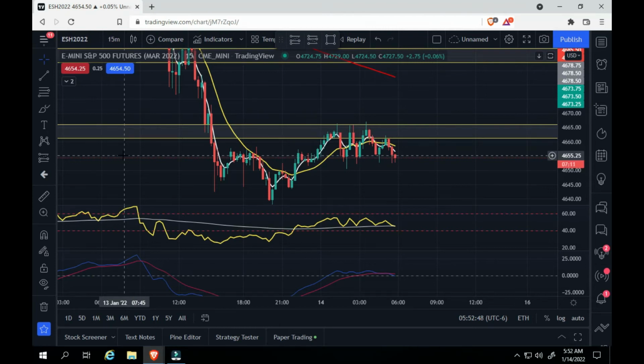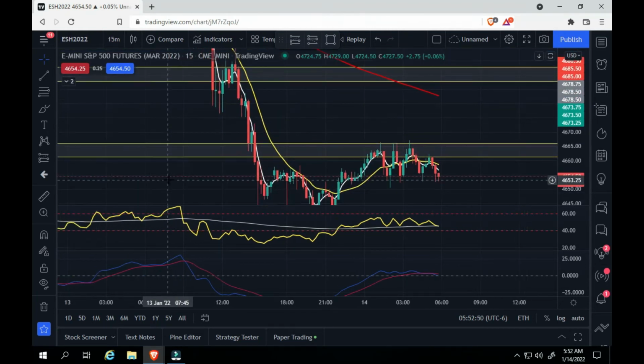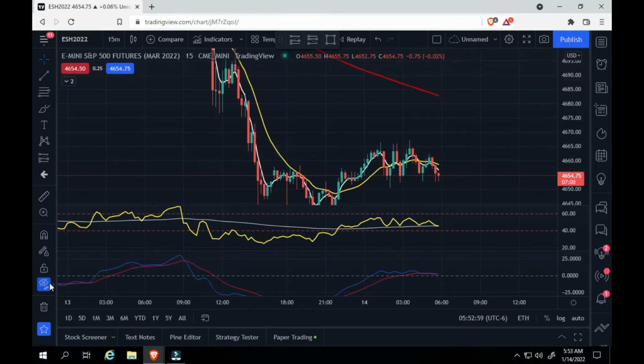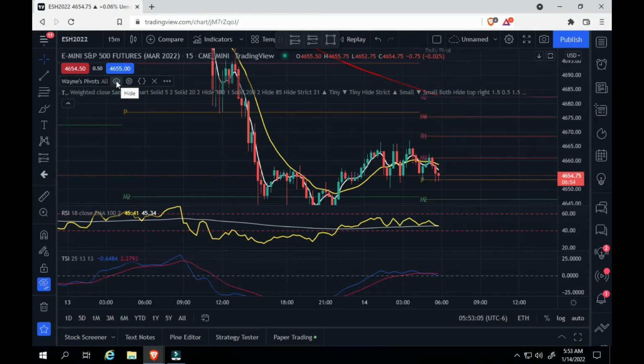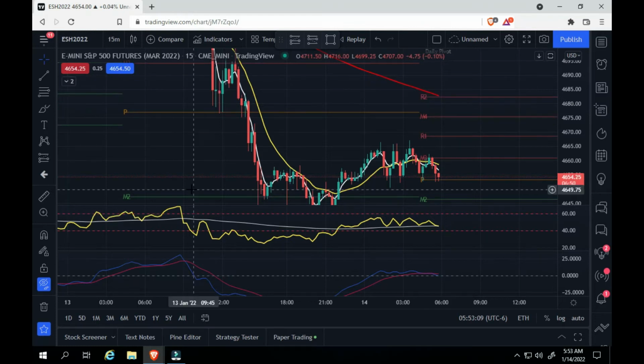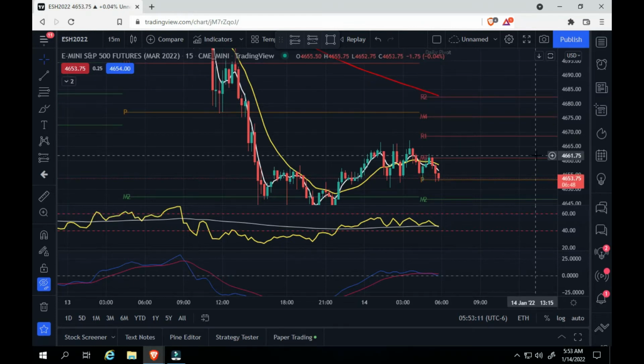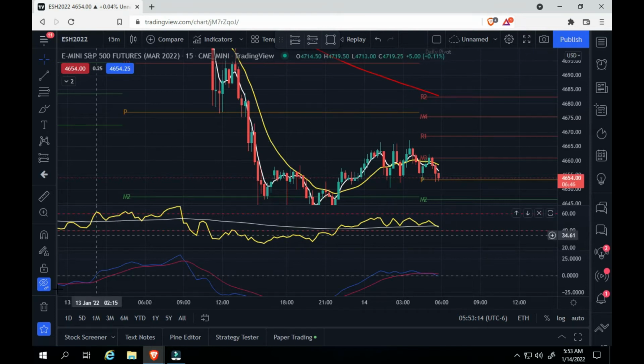I don't want to make this a 20-30 minute video, so a quick way to find support and resistance is this indicator here with TradingView called Wayne's Pivots. It will find your support zones or pivot areas automatically based on your time frame.